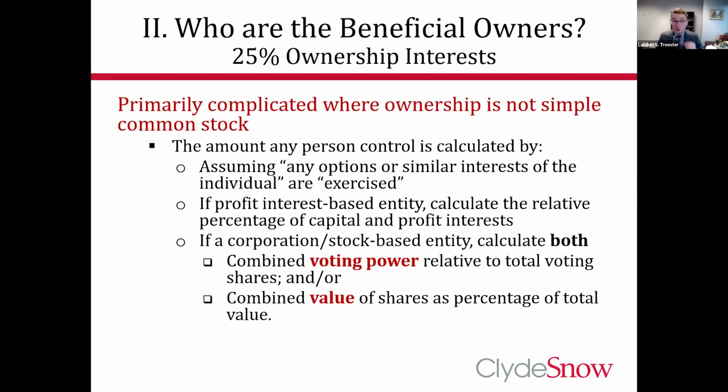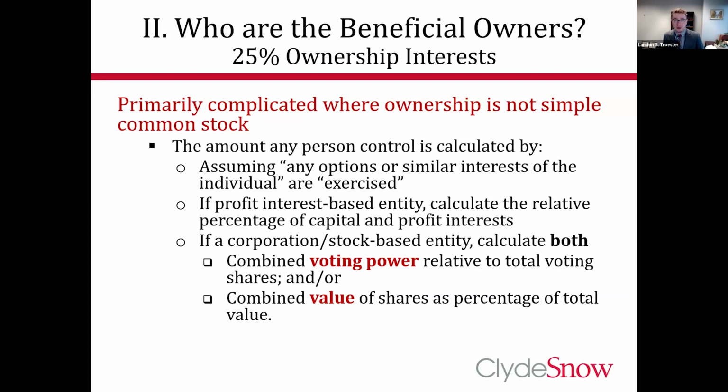There can be some quirks to the 25% ownership interest discussion. The thing to keep in mind is that this could get complicated where you have preferred shares, convertible securities, and other types of atypical, not just common stock relationships. These are some summaries from the FinCEN regulations.